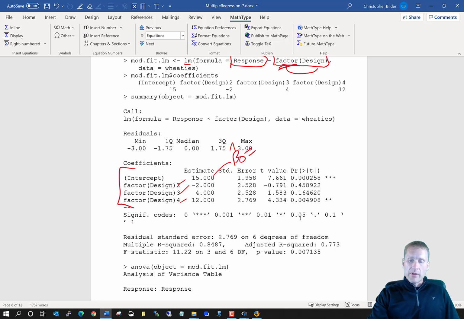And this was equivalent then to mu hat in the treatment effects model. Let me write that in there. This is beta hat 3, which will be equivalent to alpha hat 4 in our ANOVA model.